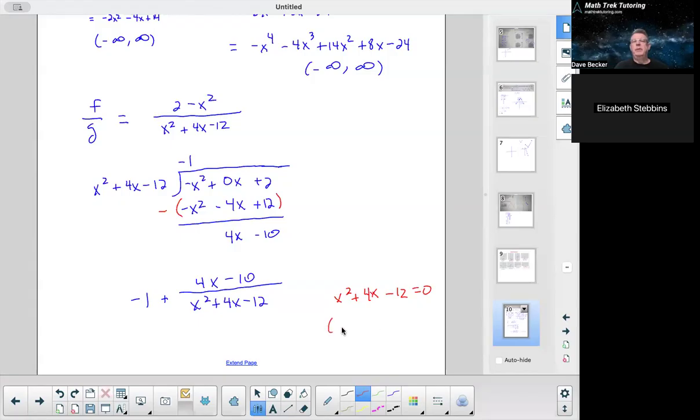So it would be x plus 6. Do you remember how to factor like this? Yes. I need factors of negative 12 that combine to give me positive 4. And really for this, we can say not equal because we don't want them to equal this.